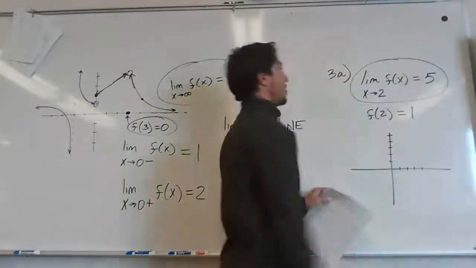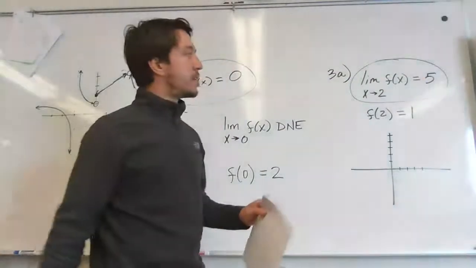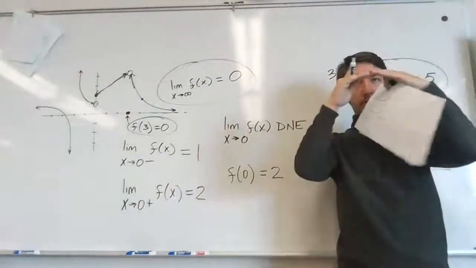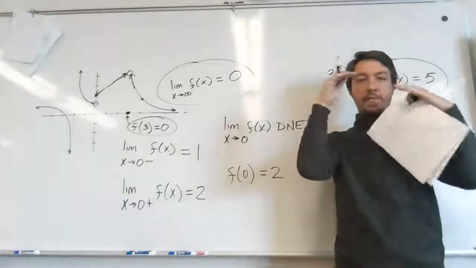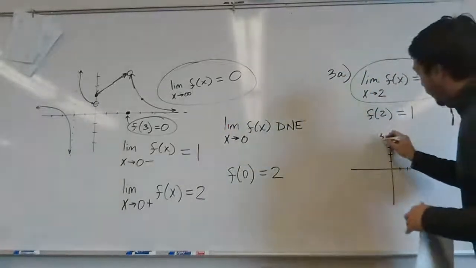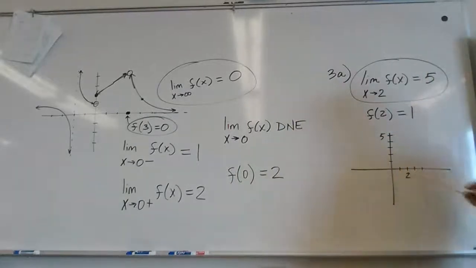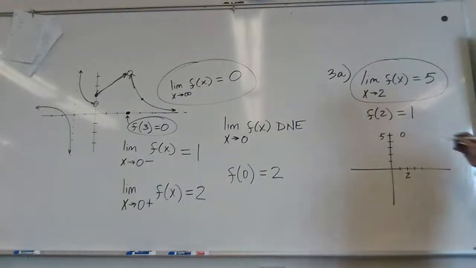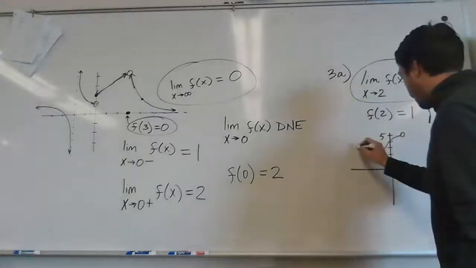So the first thing Paige said was there's got to be a hole, because if the limit exists, the function must be approaching the same value from the left and from the right. And it needs to be approaching a y value of 5 when x is approaching 2. So you can start by putting a hole at 2, 5. The rest of the graph can look however you want.